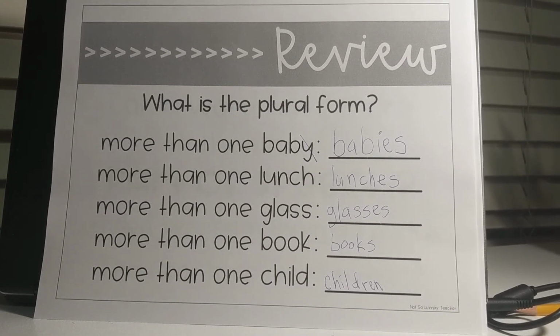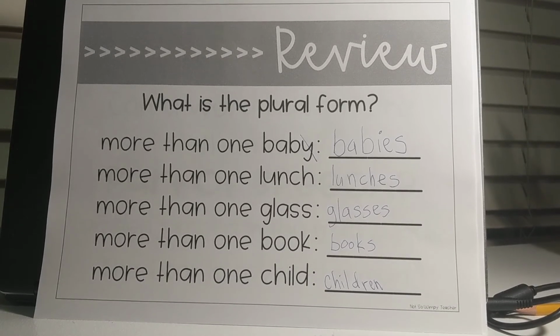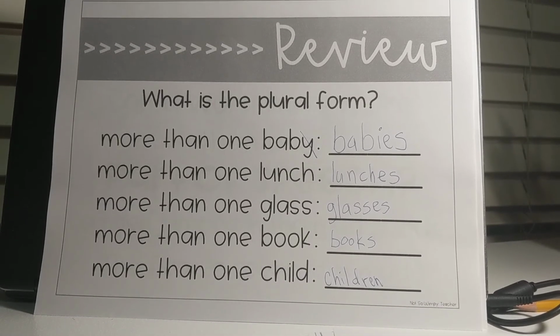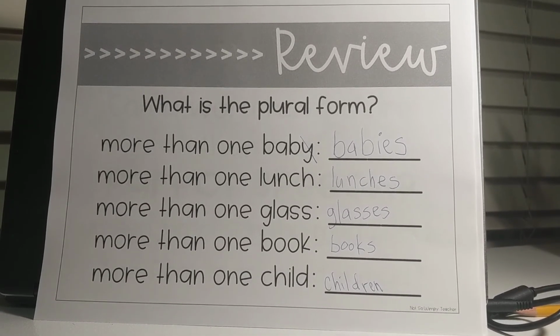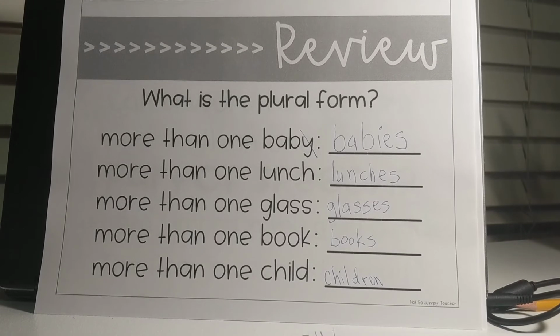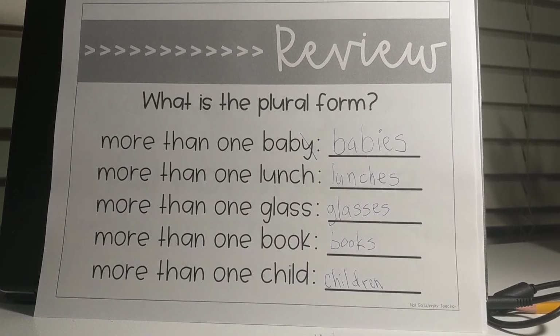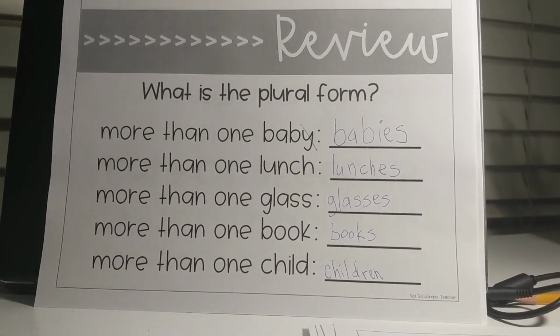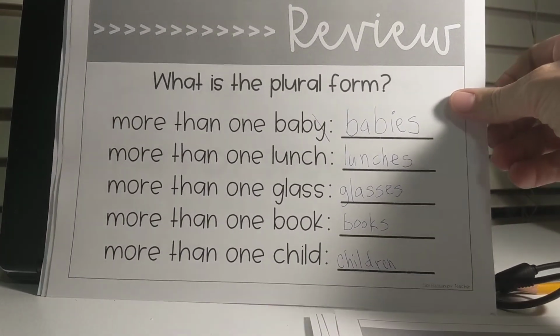When we have a word ending with CH, S, or an X, then we're going to add ES on those words. So lunch is ES, as well as glasses, it ends with S, so it's going to end with ES when it's plural. Book, we just add an S, so it's books. And child versus children that we discussed earlier.